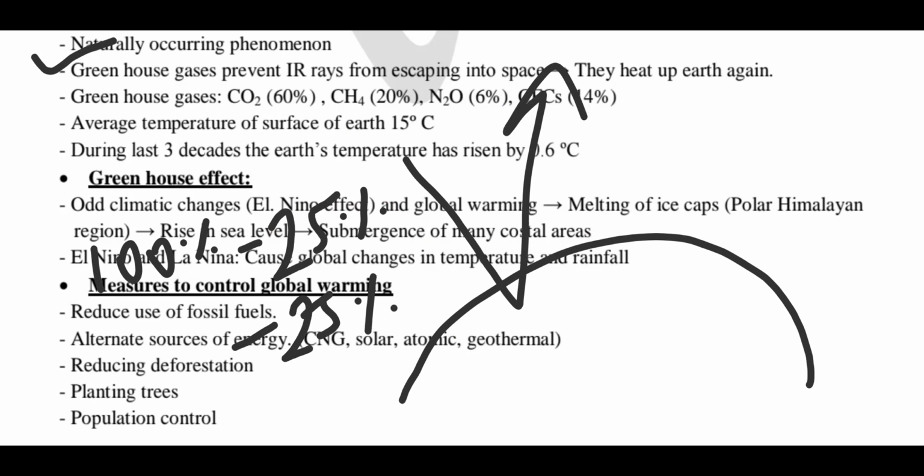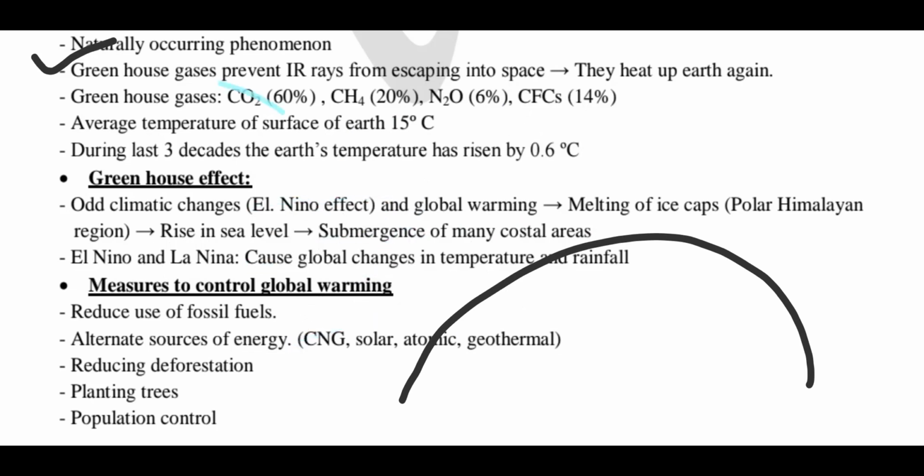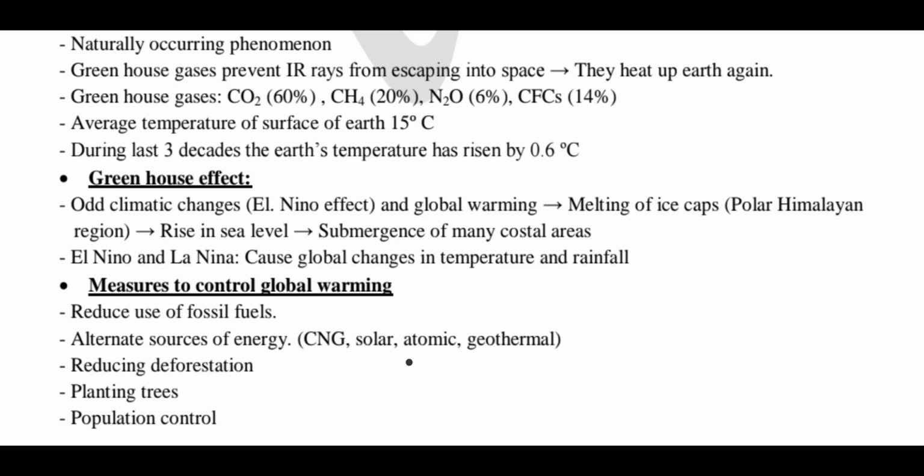So again, it cannot reach the earth's surface. 50% reaches the earth's surface, but a small portion is reflected back from the surface. The majority remains over here, and that helps to heat the surface of the earth. For that, these solar radiations are required.